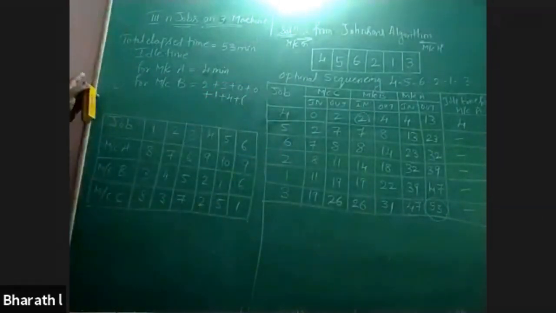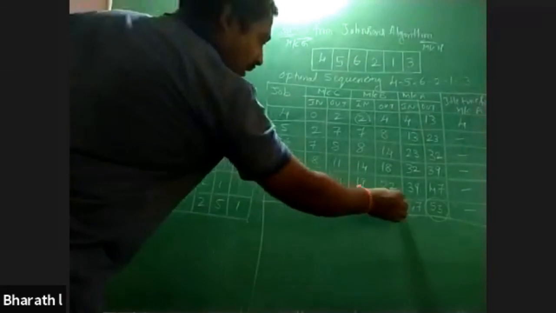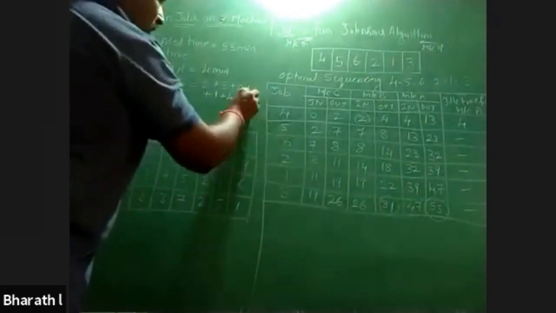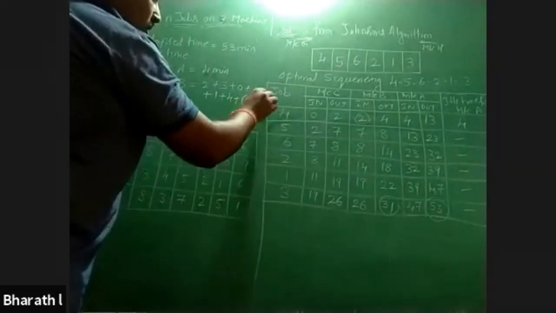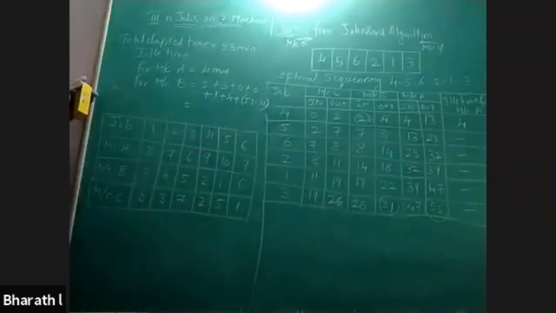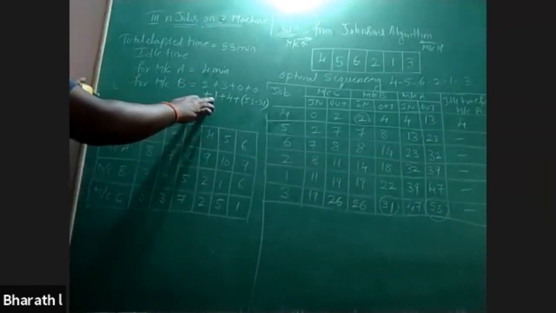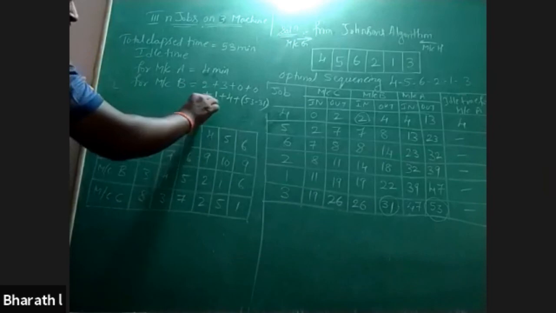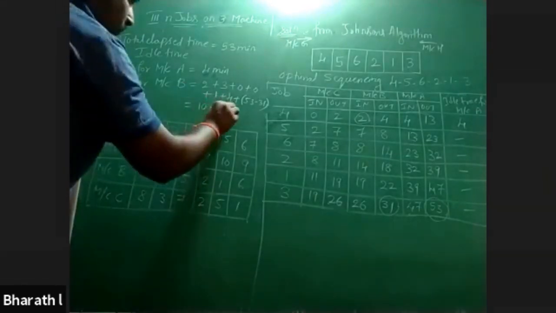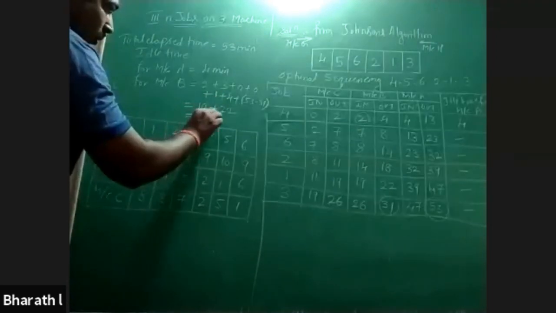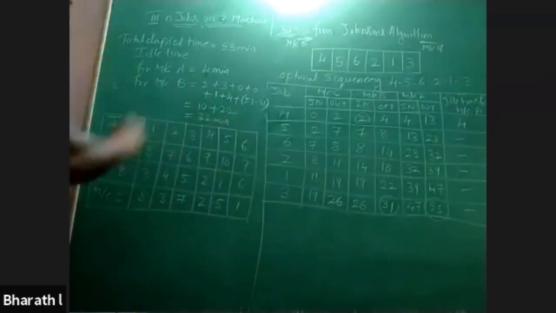Plus out time is 31, that is 53 minus 31. If you calculate, 2 plus 3, 5. 5 plus 1, 6. 6 plus 4 is 10. 10 plus 53 minus 31, you will get 32 minutes. That is for machine B.